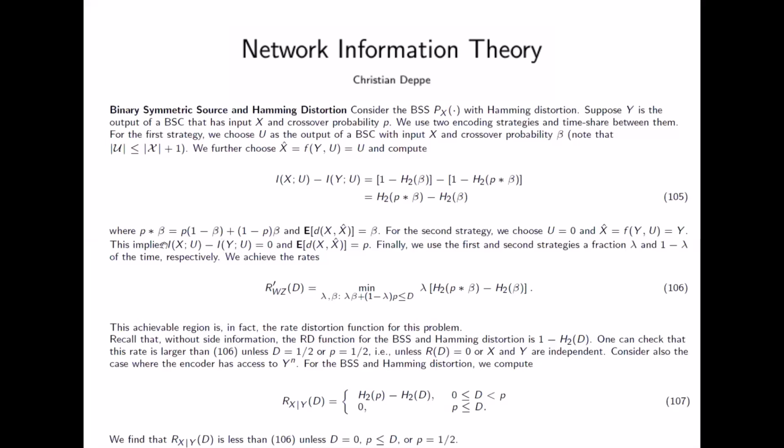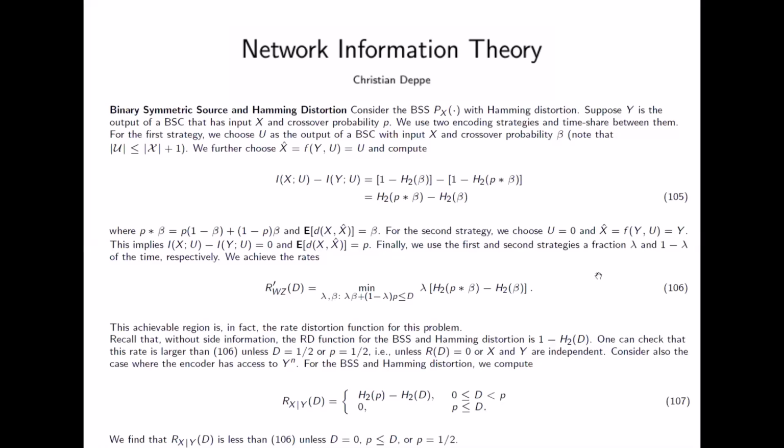So we have 0 here. But in this case, the expected distortion is equal to P because Y is just an output of the binary symmetric channel of X.